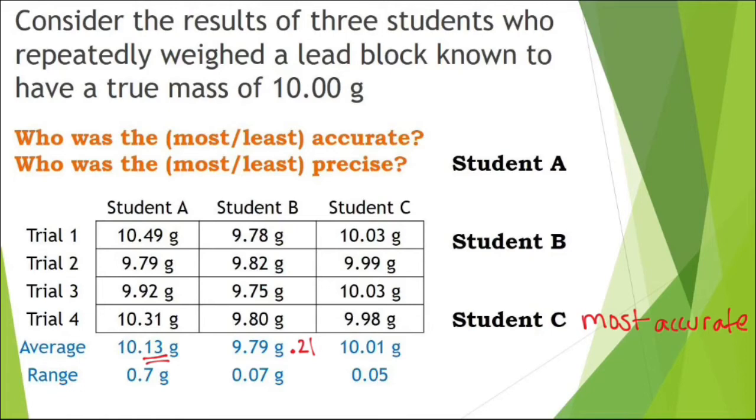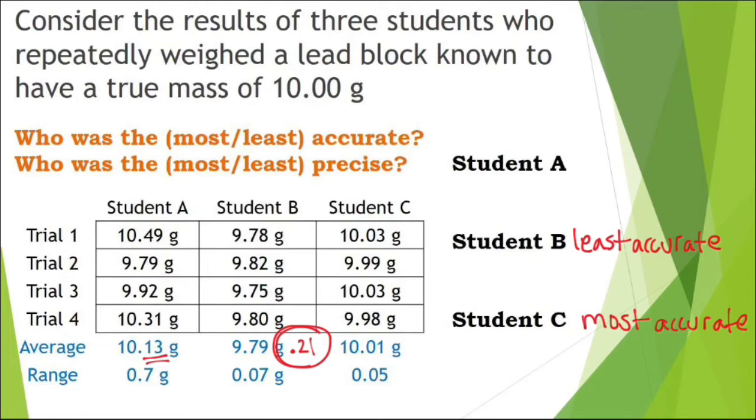So I just did a little bit of subtraction just to help put a number to how close or far away I am, because it seemed kind of similar, but now I can tell that the student who is farthest from our true mass is student B, and that means that they were the least accurate measurer.